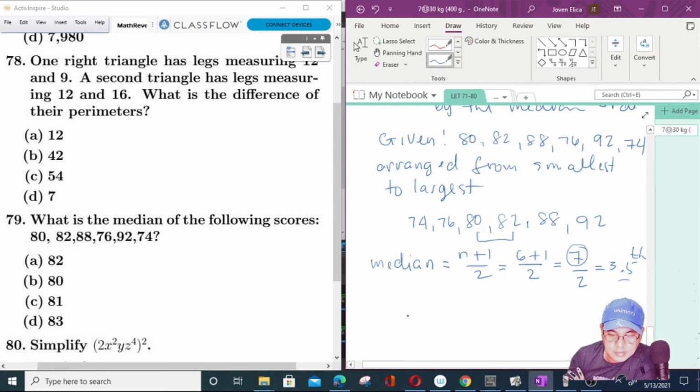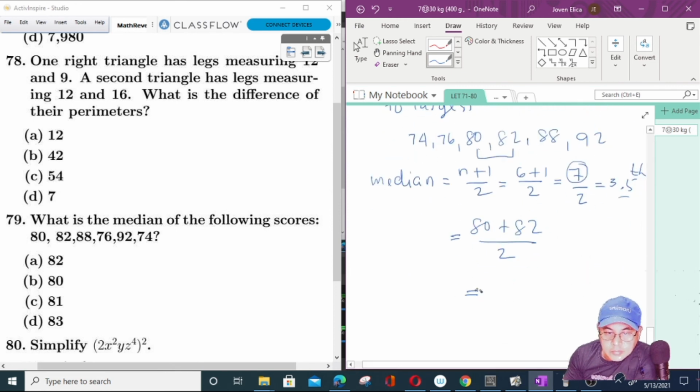So the median is equal to the sum of the two centered numbers, 80 plus 82, divided by 2. 80 plus 82 is 162. Divided by 2, 162 divided by 2 is 81.